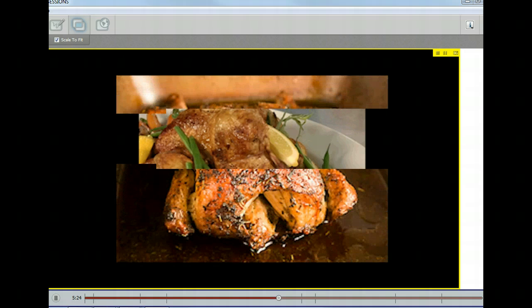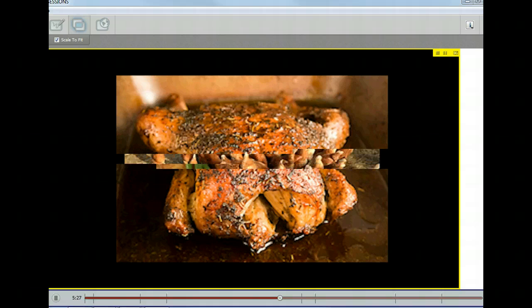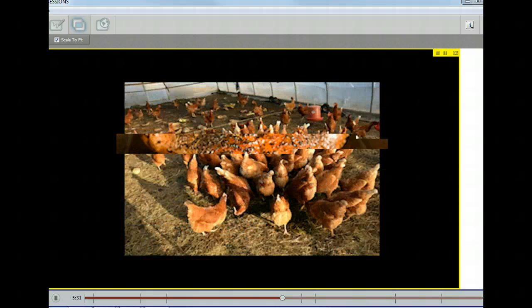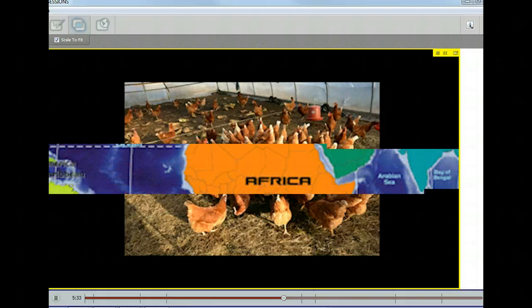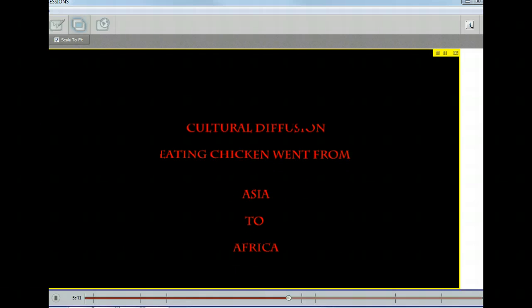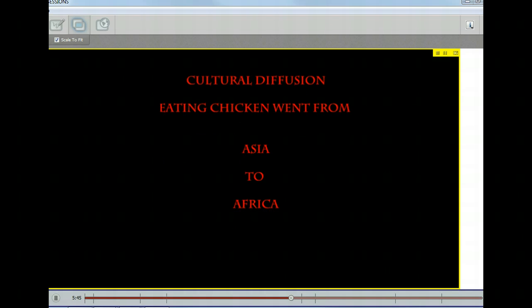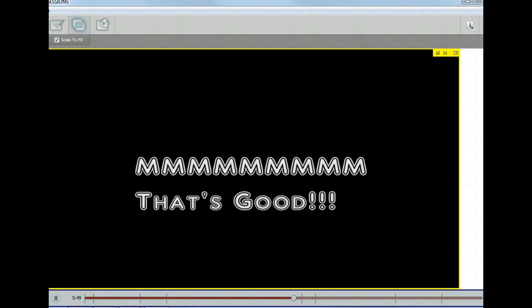The chicken was such a success that the king went on to invest gold into raising and selling chicken. And eventually, all of his kingdom was eating cooked chicken. This story about eating cooked chicken is an example of cultural diffusion. Eating cooked chicken went from Asia over to Africa. And why? Because chicken tastes good when it's cooked.